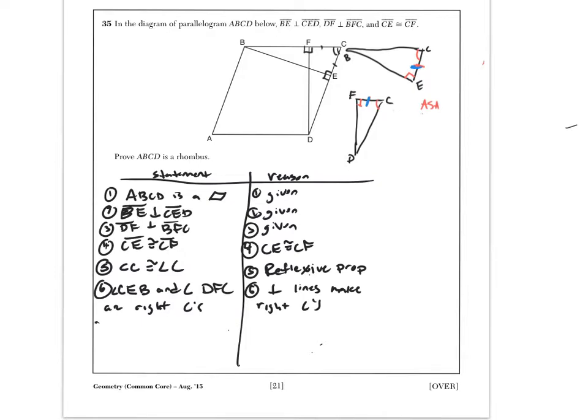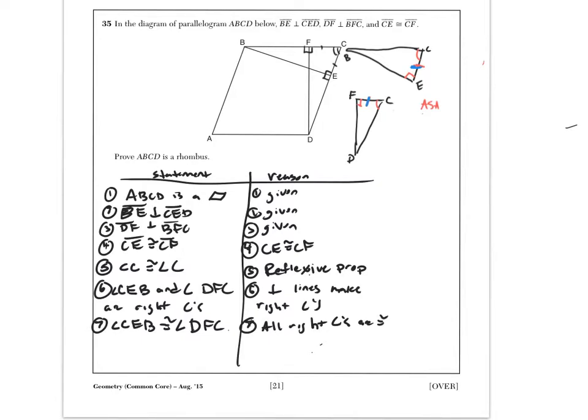Intersect at right angles would be the technical language, but I think we got the point. Then we're going to say that they're congruent. Now that I know they're right angles, I can state that the two angles are congruent, and that's because all right angles are congruent.